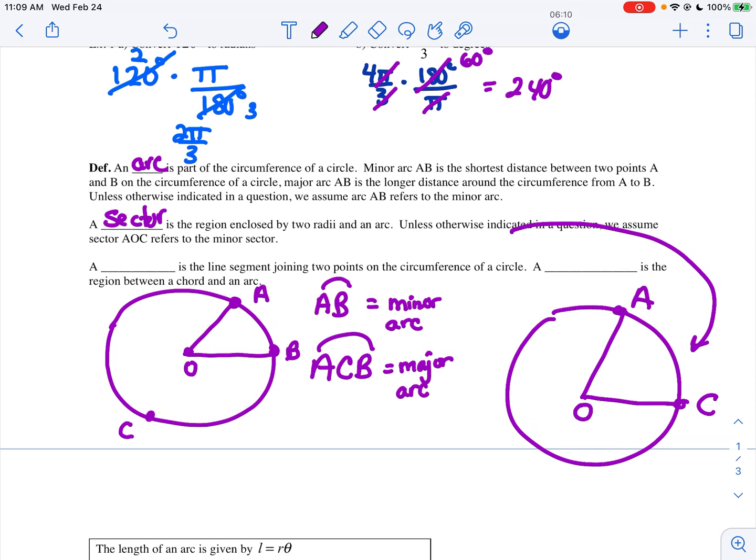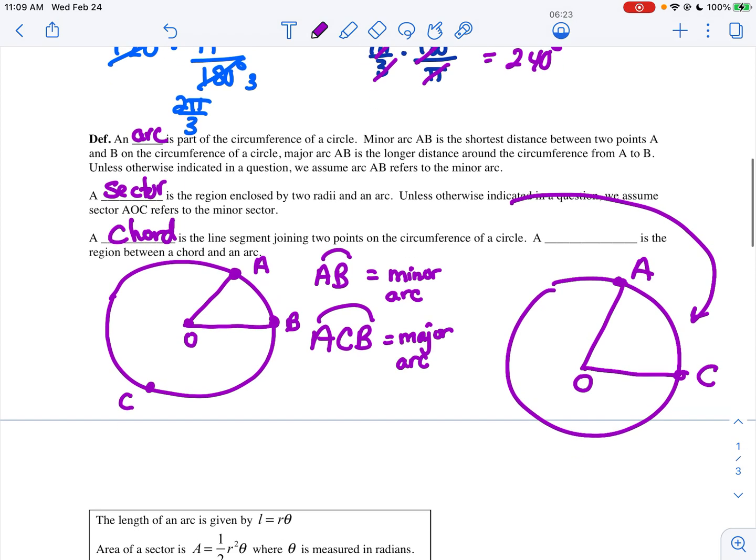Then we would say it's going to be the minor sector unless otherwise indicated. A chord is a line segment joining 2 points on the circumference of a circle. So I could have a chord, it's a line segment, okay? So AC would be a chord. A segment is the region between a chord and the arc. So it's here.